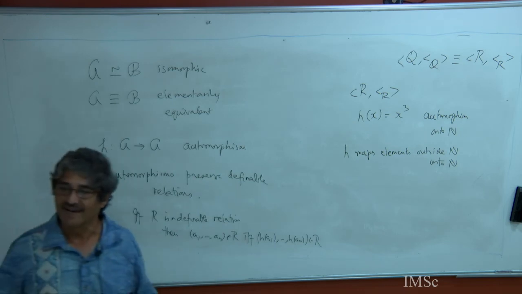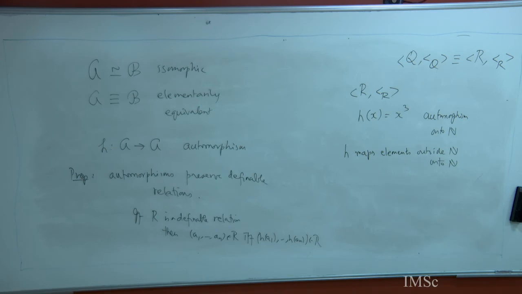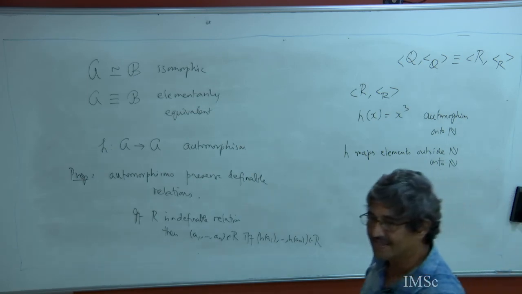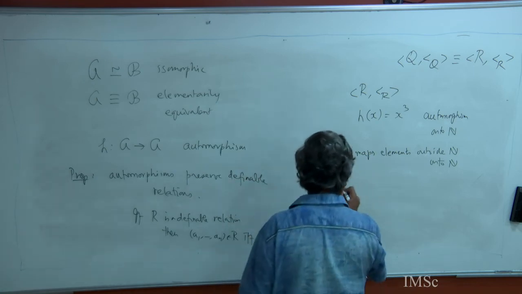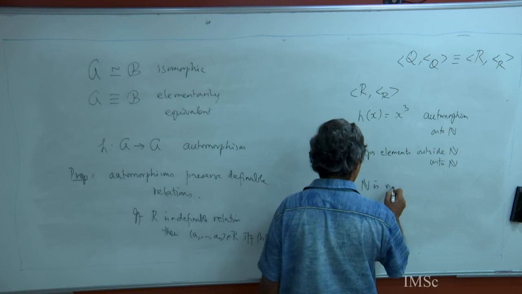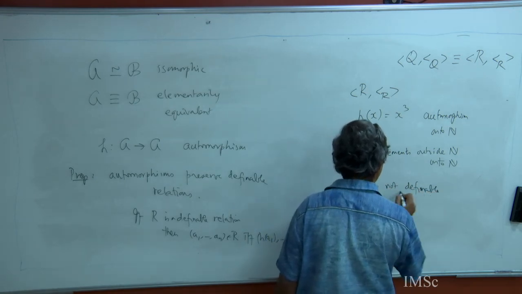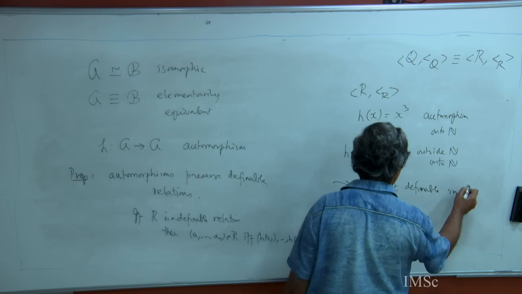In general, if I take the inverse image of N under this map H, you're going to get things that are outside. So this automatically tells me that the set of natural numbers is not definable in the reals.